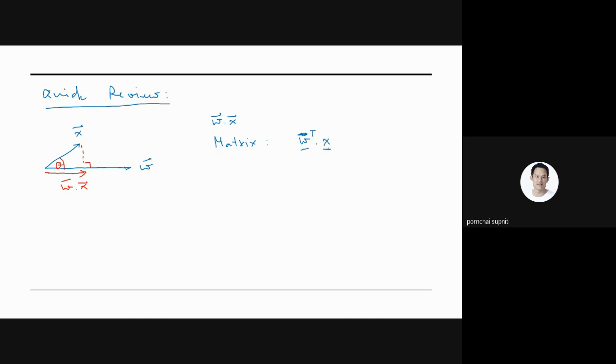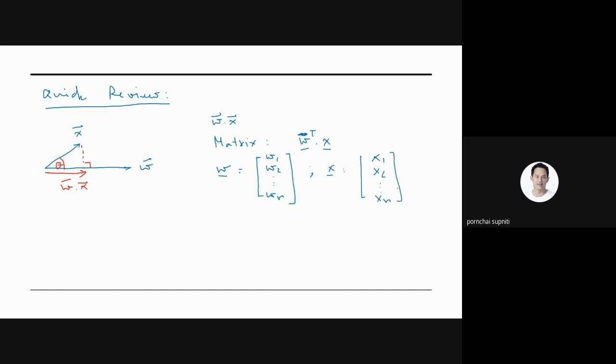If we write it as a matrix or vector, w can be set to something like, let's say it's n-dimensional, w1, w2, up to wn. And x similarly is equal to x1, x2, all the way to xn.